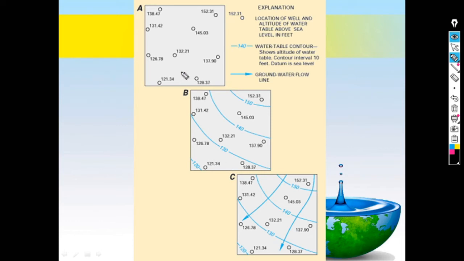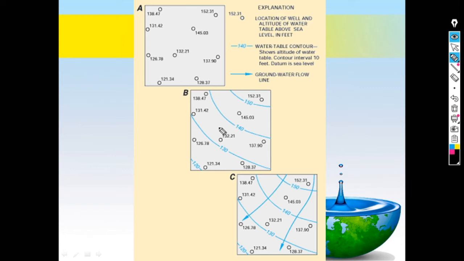Now these points indicate the actual elevation of the water table in these wells as compared to mean sea level. So this shows the location of the well and the altitude of the water table above sea level in feet.